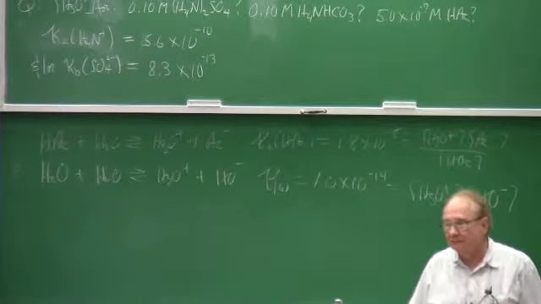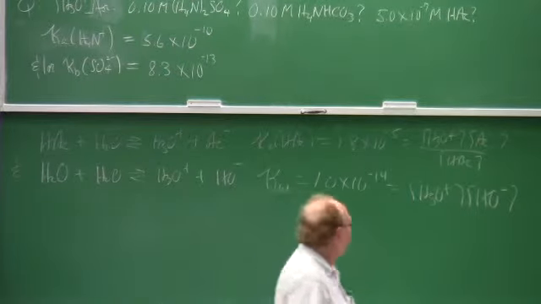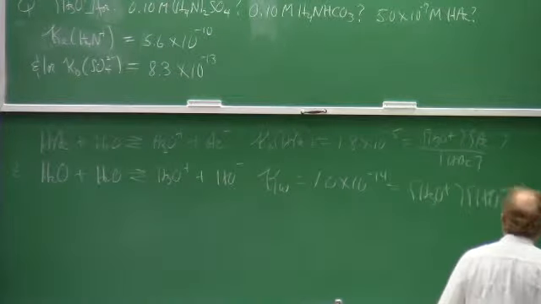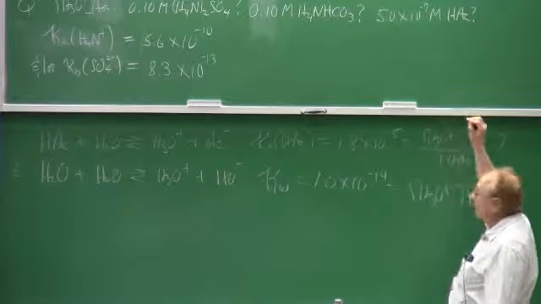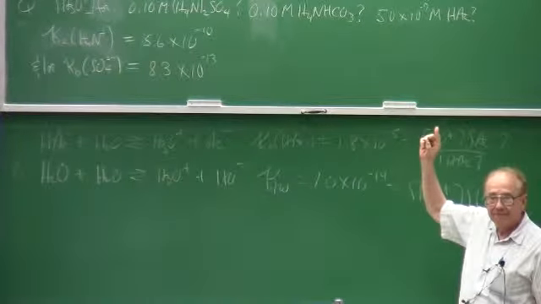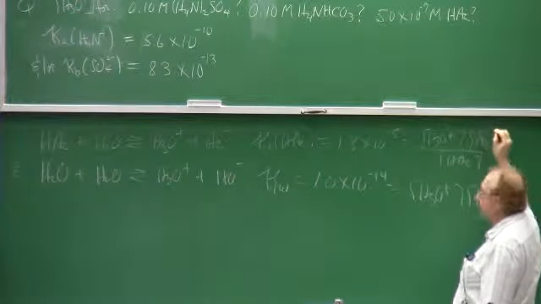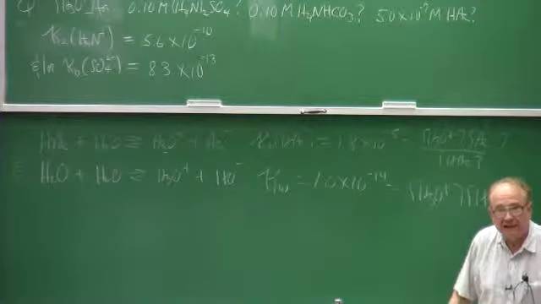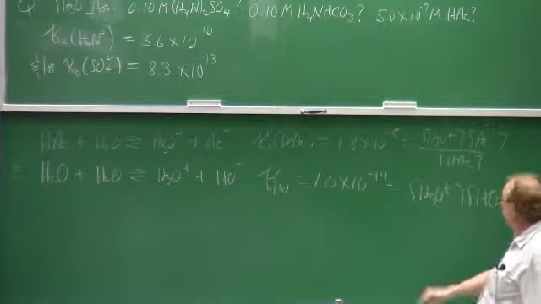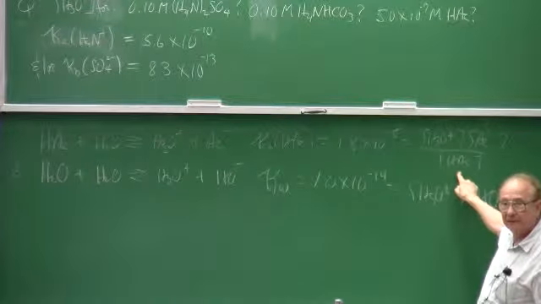How many unknowns do we have? We don't know this one, do we? And we don't know this one. Question: with material balance, if I know this one, will I know this one?